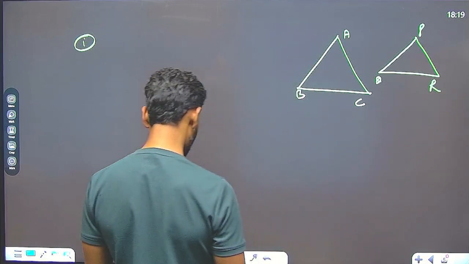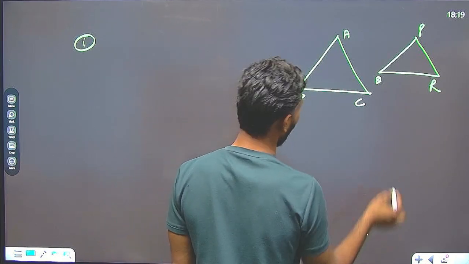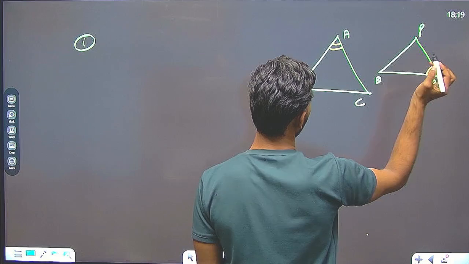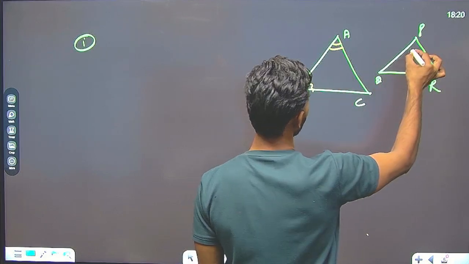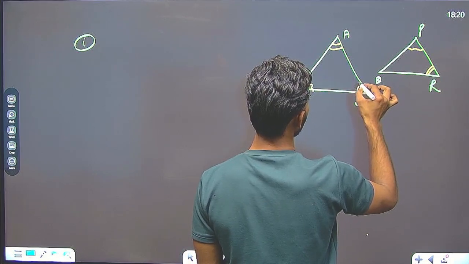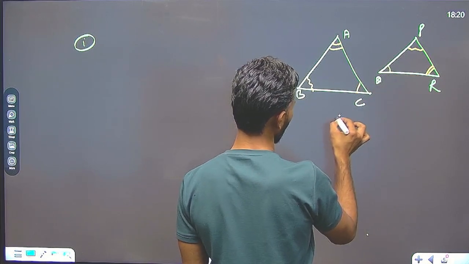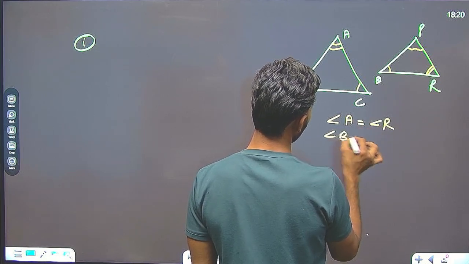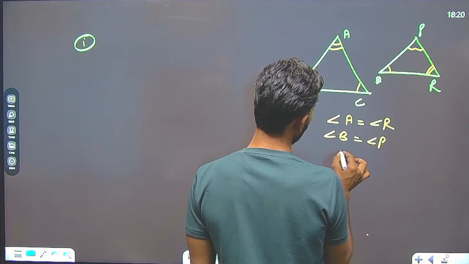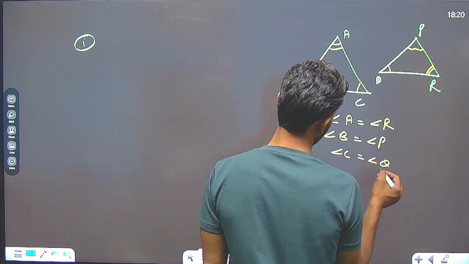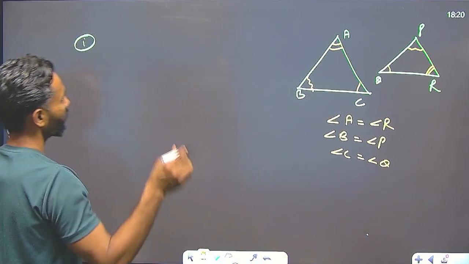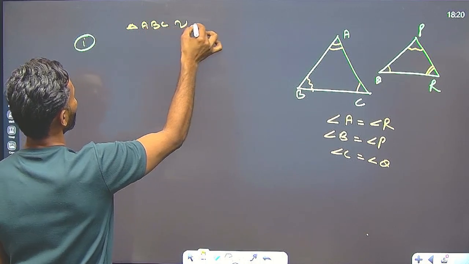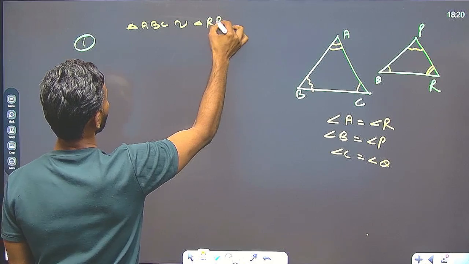I know very well that angle A is equal to angle R, angle B is equal to angle P, and angle C is equal to angle Q. So it is clear that both triangles are similar. I'm writing triangle ABC similar to triangle RPQ.